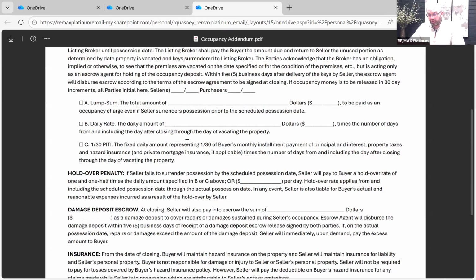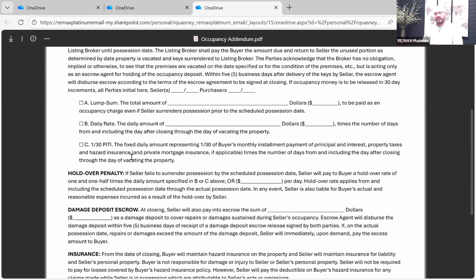Pros and cons on this: if it's somebody doing a large down payment, then this amount is less. If it's somebody doing 100% financing or FHA and they have PMI, then it's going to be a larger amount.